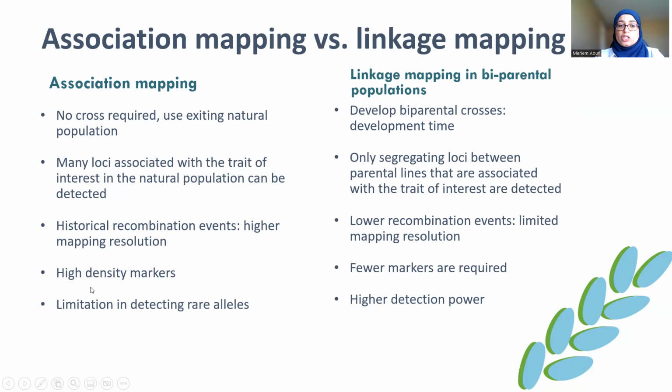One limitation of the GWAS is the detection of rare alleles in natural populations, in comparison to the higher detection power in biparental populations. And I will discuss later in this lecture other methods to increase the power of detection of rare variants.